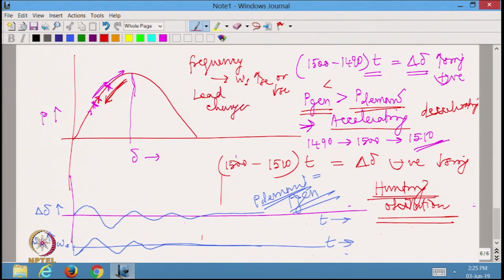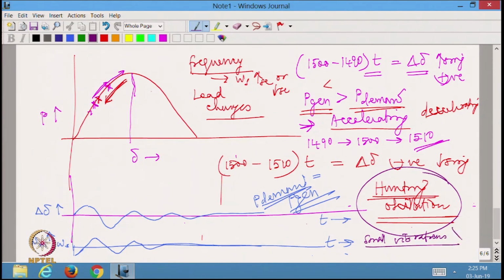In either case, you would see hunting oscillations always occurring in a synchronous machine. And this hunting oscillation is not good, especially if I am looking at very critical loads where even small vibrations cannot be tolerated. Even small vibrations cannot be tolerated, then I would like to eliminate this hunting oscillation.